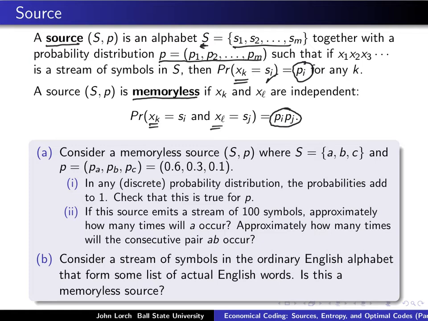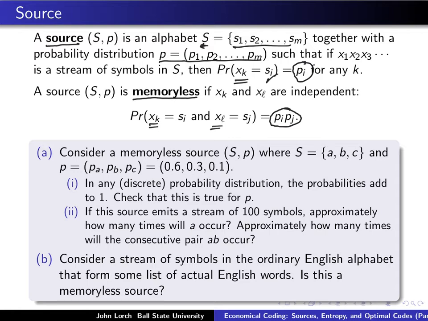So in the language of probability, what we're saying is that these variables, x_k and x_l, are independent random variables. That means the probability of an alphabet letter occurring in position x_l is not conditioned upon what occurs in x_k.